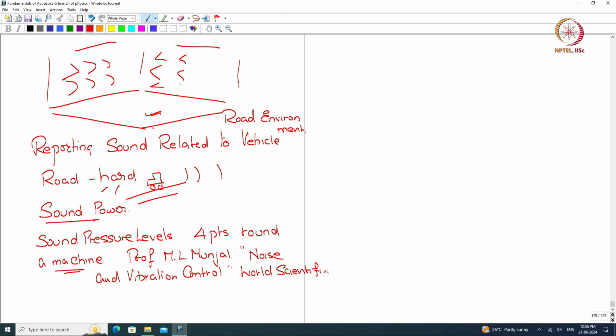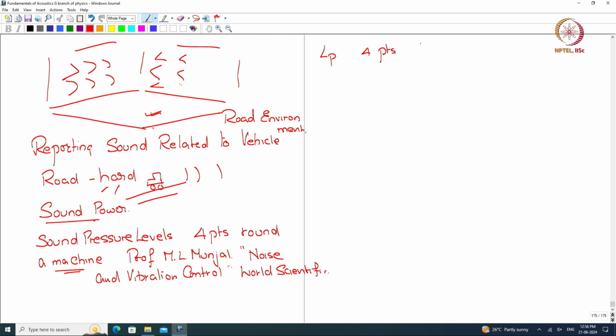So we have a machine. Around the machine we have sound pressure levels, that means LPs at 4 points around the same machine.